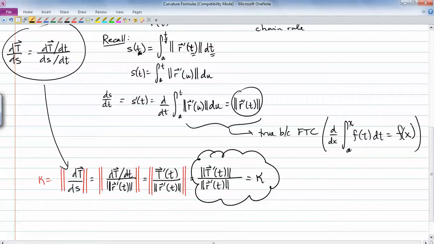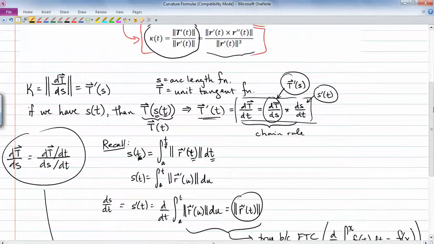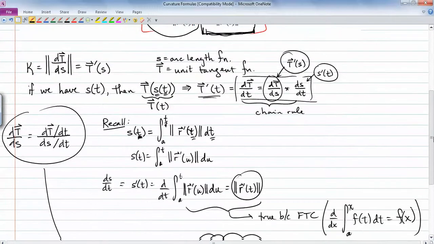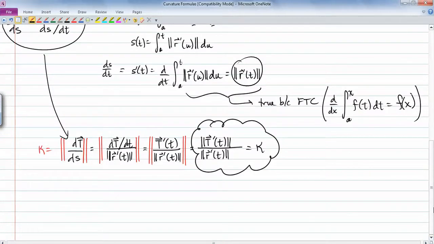So the other way of doing this, we're going to try to prove, using the thing in the cloud, that we get the other expression for curvature, this guy. Okay? So this is not going to be intuitive at all.